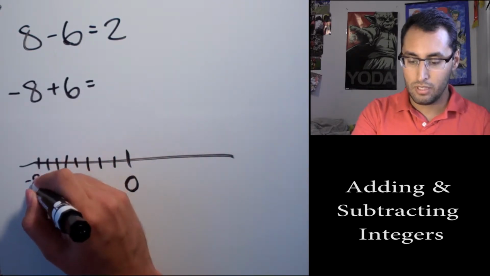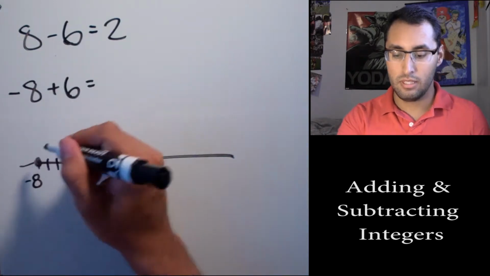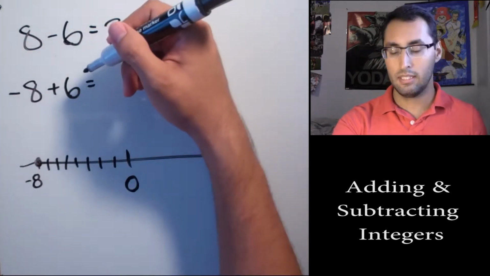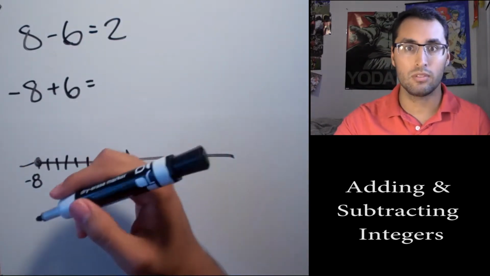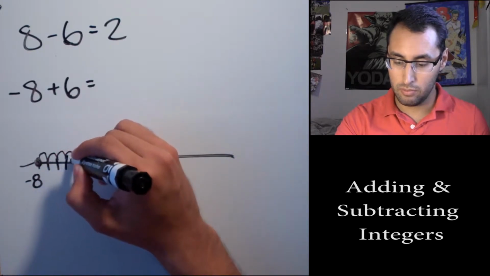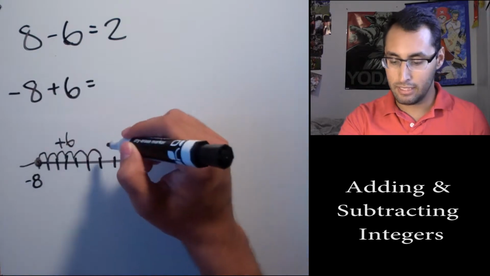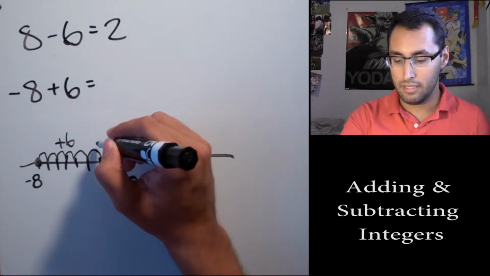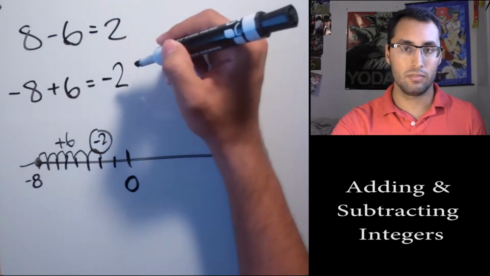Alright, so we're at negative 8. So that means that we're starting right over here. And that part where it says plus 6, since it's positive, we're going to move to the right 6. So 1, 2, 3, 4, 5, 6. So when I add 6 to negative 8, it gives me this point, which is negative 2. So our answer for this is negative 2.